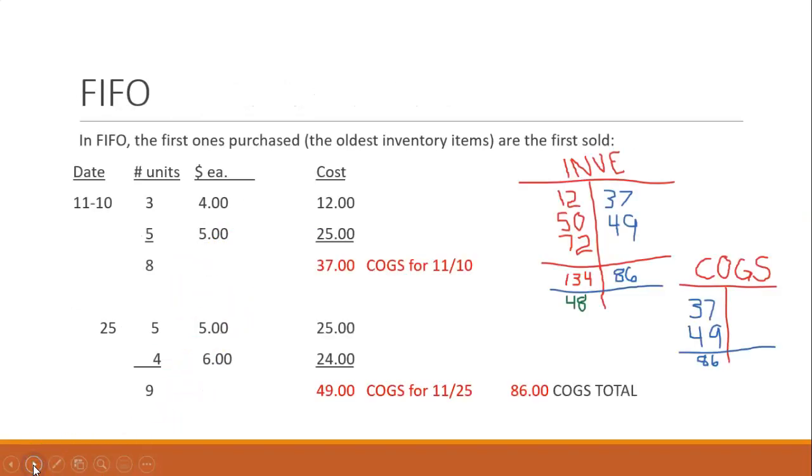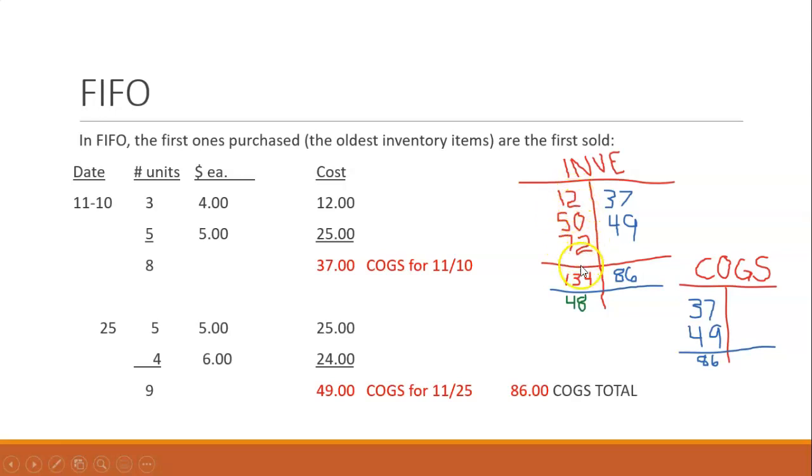So in our inventory ledger, and of course I have a T account here to make a pictorial representation of the ledger, here's our $12 we started with, and we purchased 50 and we purchased 72.